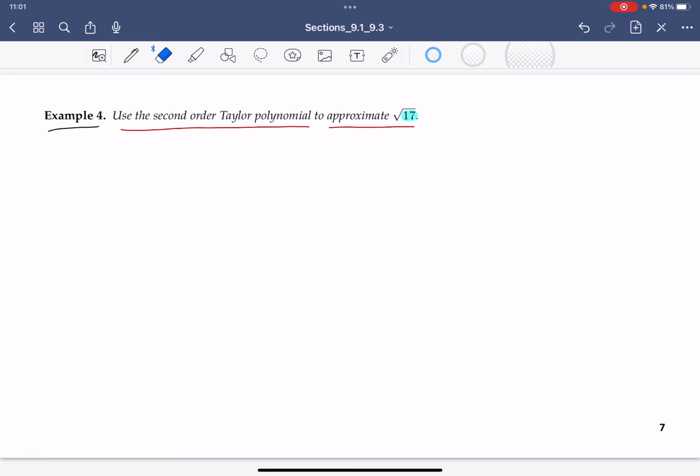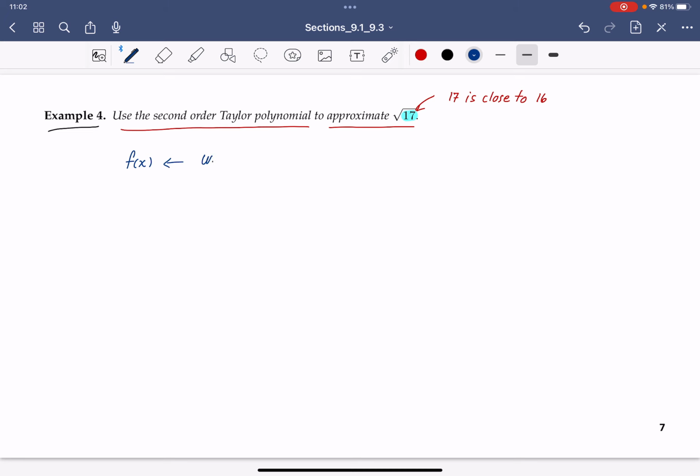Number 17 here, we can see that 17 is close to 16, right? It's just very close to 16. So when we do f(x) here, we're going to do the Taylor polynomial around the center 16.